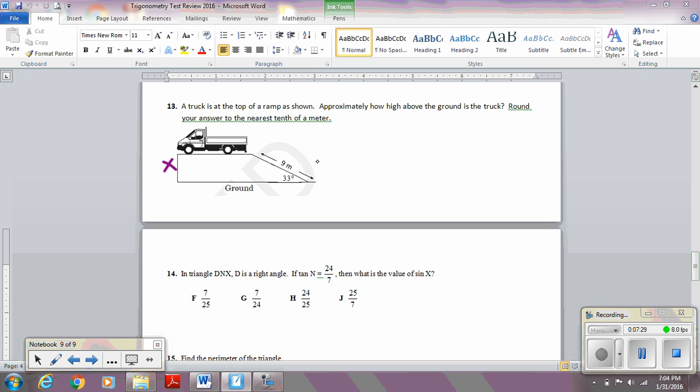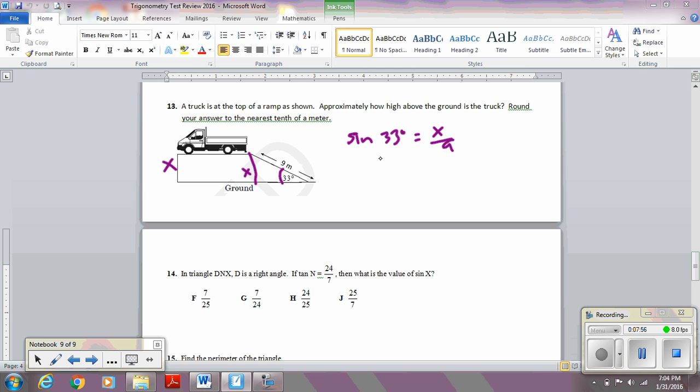Here, we can drop it down on this side to form a rectangle, so it would be the same thing here. So in perspective of the 33-degree angle, we have the opposite side and the hypotenuse, so we use sine. The sine of 33 degrees is equal to x over 9.